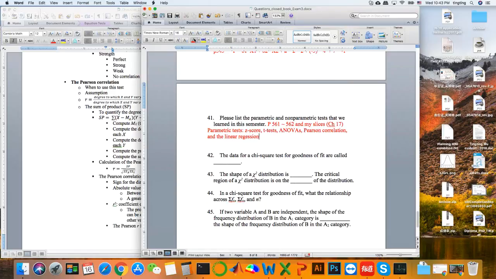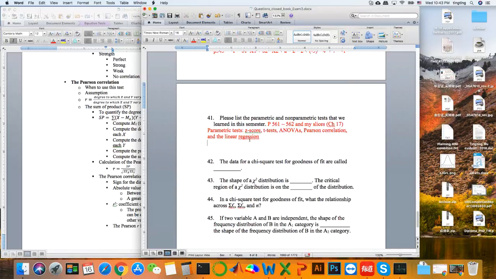If you read this chapter, you can find that every chapter has a section called the assumptions of the test. It means they have strong assumptions, so they are parametric tests.